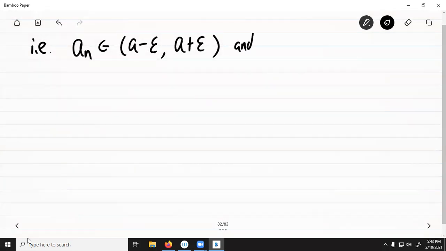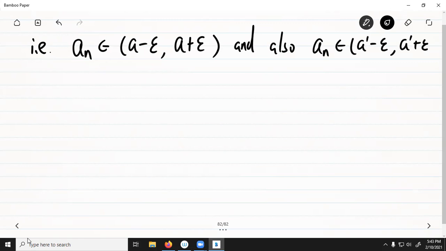And also a_n should be in this interval, a prime minus epsilon and a prime plus epsilon. This is for n greater than or equal to this capital N. Okay, so you see all the terms after capital N would be in these two intervals.